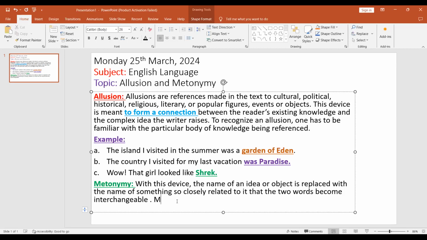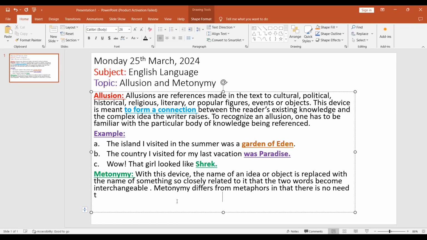So metonymy differs from metaphors in that there is no need for the comparison to be made.